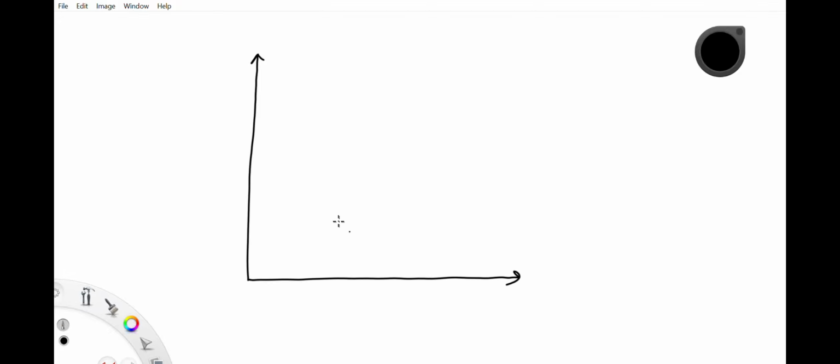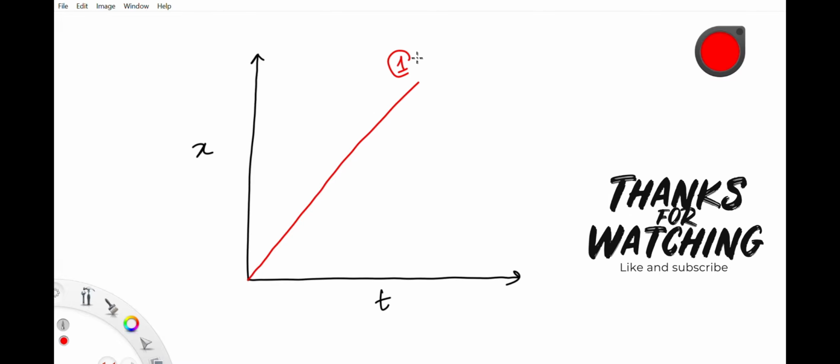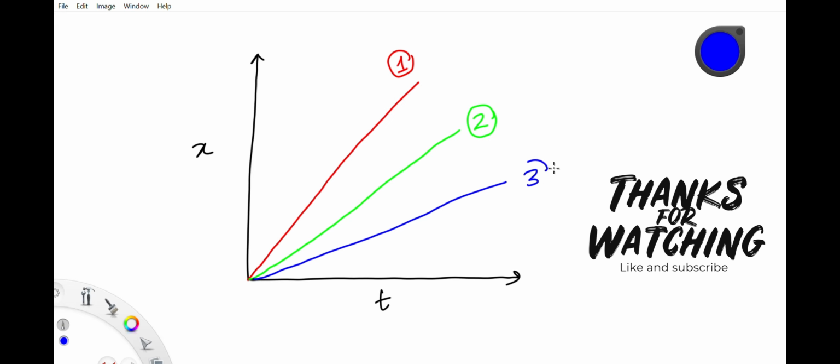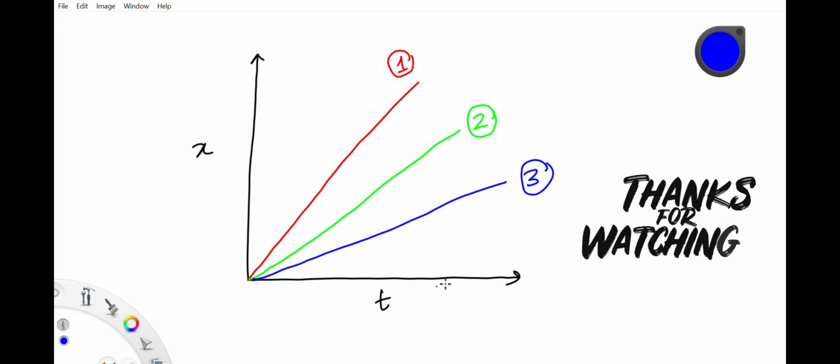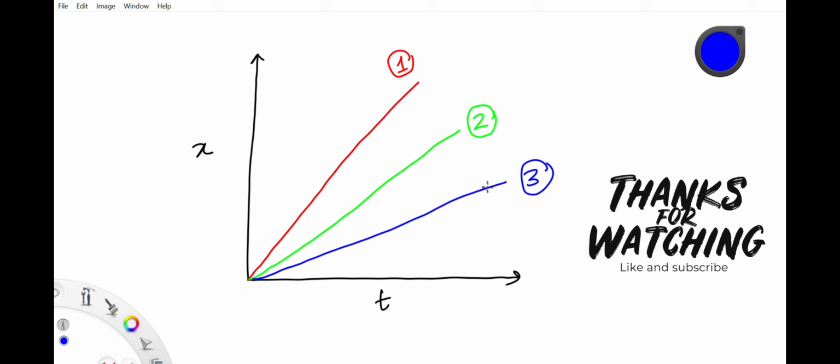I'll draw a position time graph and I have object 1, which is this red object, object 2, which is this green object, object 3, which is this blue object over here, and you have to tell me which of these three objects has the maximum velocity and the minimum velocity.